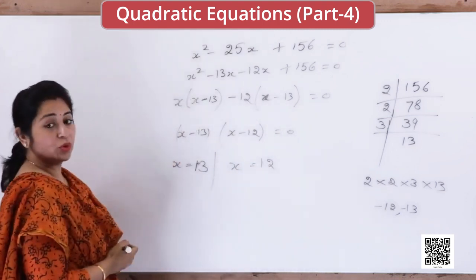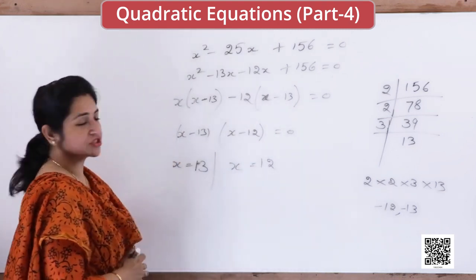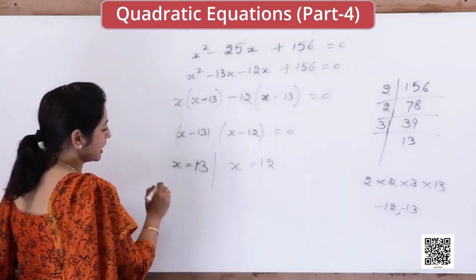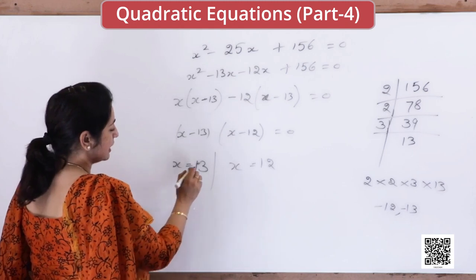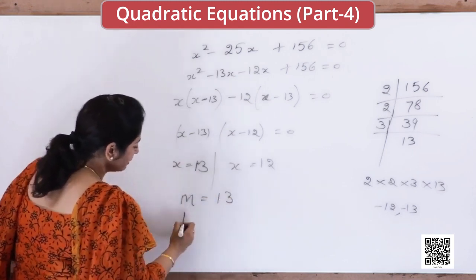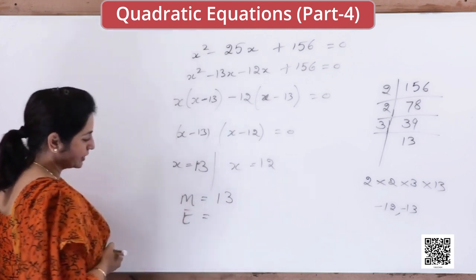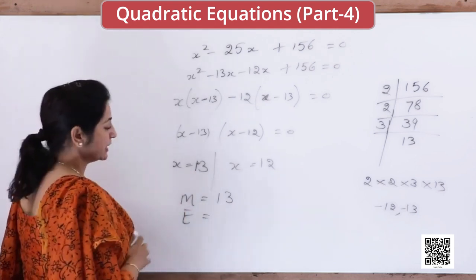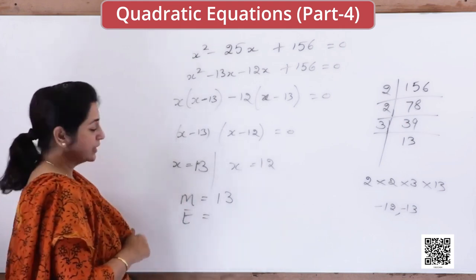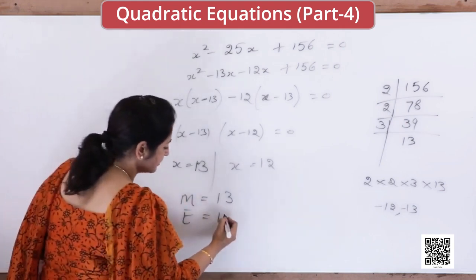So here we have got two answers. Now we need to cross check which one is the correct. So putting the values here, if the marks in mathematics are taken as 13, in maths they were 13. So the marks in English will be 30 minus 13 because the sum of these 2 marks was 30. Now 30 minus 13 is 17.